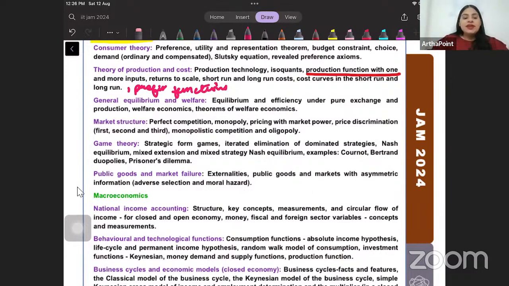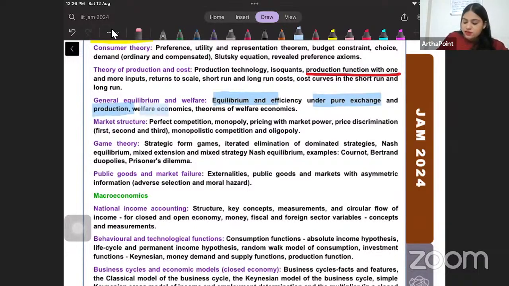ठीक है. बेटा next thing आओ जरा. Next it says general equilibrium and welfare. That's the next topic that you have. So equilibrium and efficiency under pure exchange and production, welfare economics, theorems of welfare economics. Again in this, जब मैं general welfare की बात करती हूँ, you should not only know the consumer side, but beta you should be aware about the producer side also.